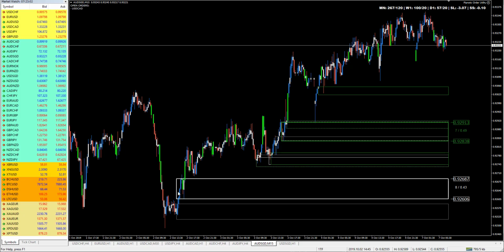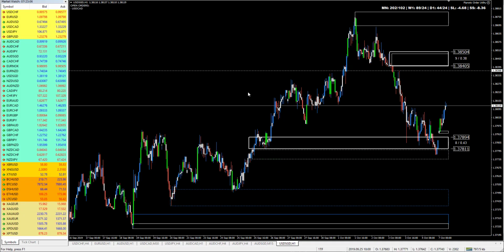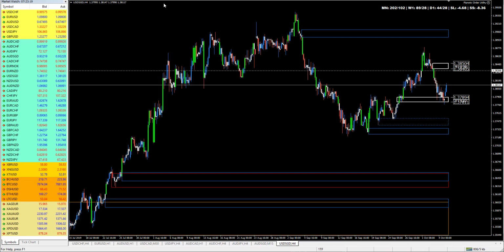Okay, so we have this one, then we have this one. On that, the Singaporean dollar. So we had this one that was marked off, I can see. Let's see why. Okay, so we had this area.